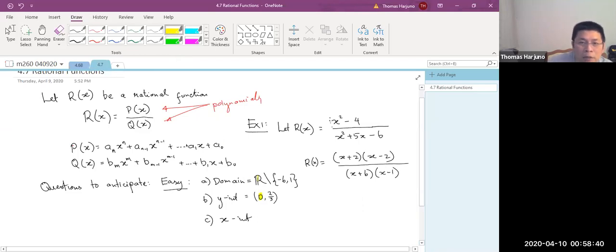So actually, in general, you will see the y-intercept of a rational function will be (0, a sub 0 over b sub 0), as long as b sub 0 is not equal to 0. Now, how about the x-intercept?